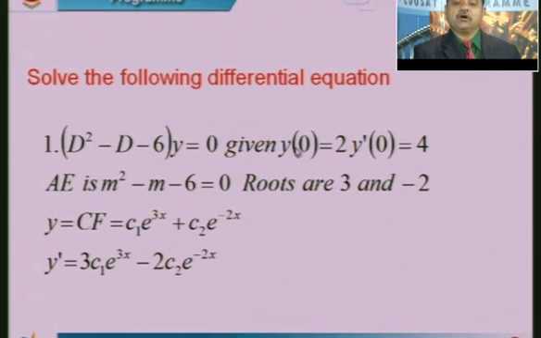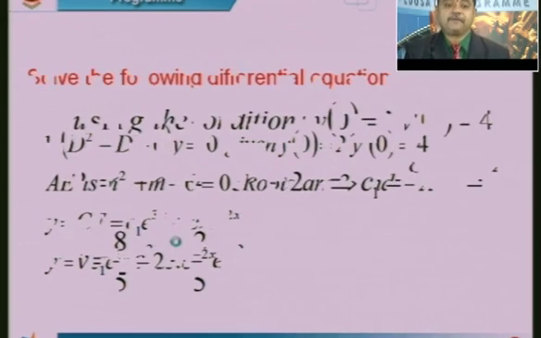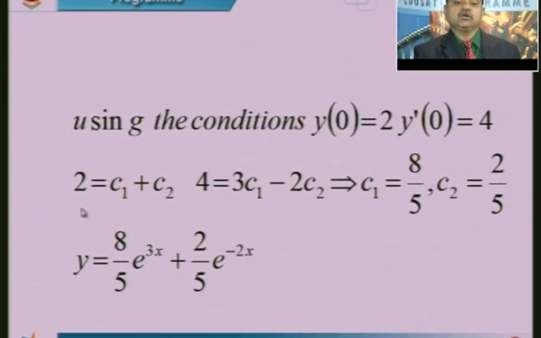Take x as 0, y is 2, take x as 0, y dash is 4, this equation will become 2 is equal to c1 plus c2, 4 is equal to 3c1 minus 2c2, because anything power 0 is going to be 1. You solve these two equations, you will get the c1 and c2 values, which gives you the particular solution.